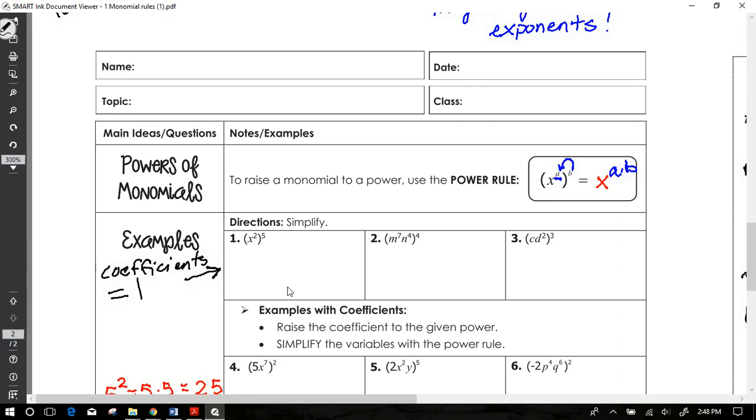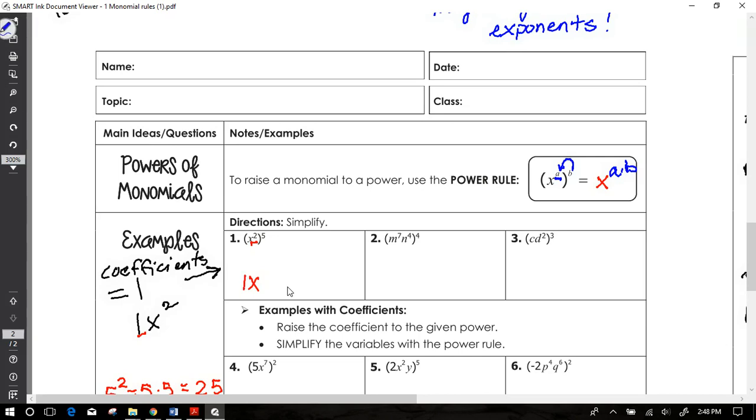So what that means is there's a 1 in front of, whoops, let me just write this initial problem down. So that in number 1, I have a 1x squared, okay? So what I'm going to do here is I'm going to keep the bases the same. So my base here is an x. And if you want to, you could also think about that 1 as being a base, okay?